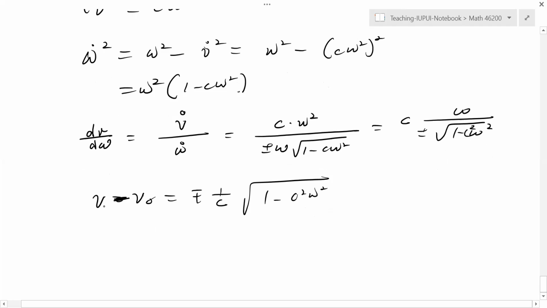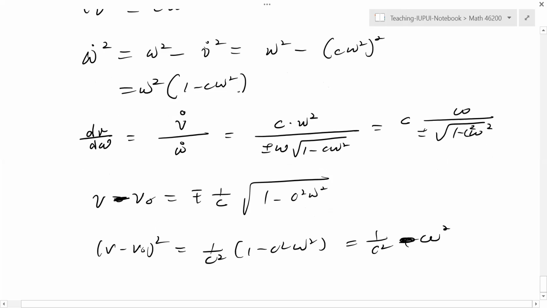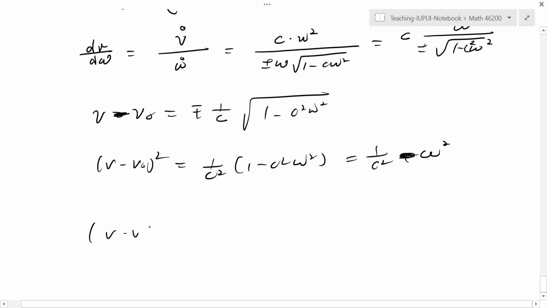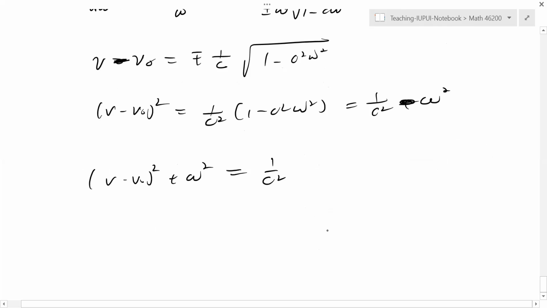So V minus a, squared, is going to be C squared times (1 minus C squared W squared), so it's going to be 1 over C squared minus W squared. So V minus 0 squared plus W squared equals 1 over C squared. It is a circle.